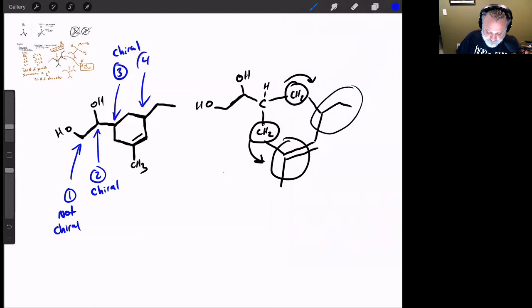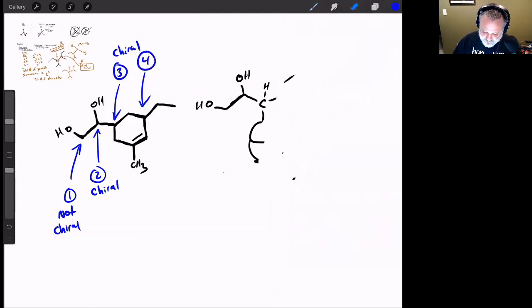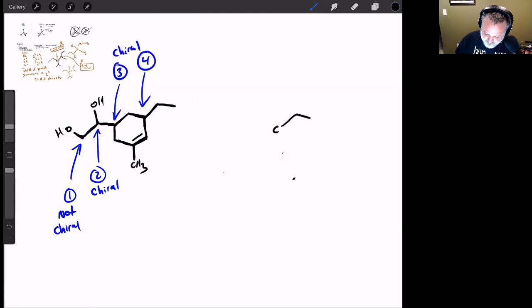Well, what about this 4th carbon? Let's take a look at that one. What's its situation? What is it connected to? It's connected to an ethyl group, a hydrogen, and the other two things around the ring. But we don't have to really make a decision because one of them is a CH2 group and one of them is a C with a double bond, and those are definitely different.